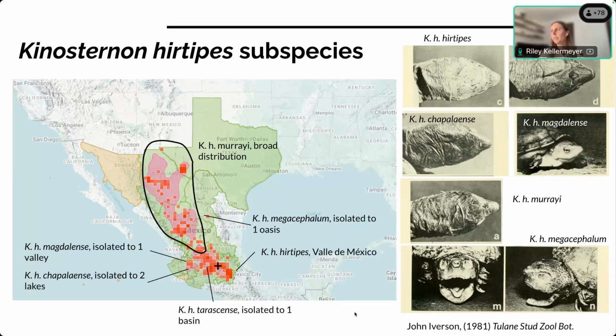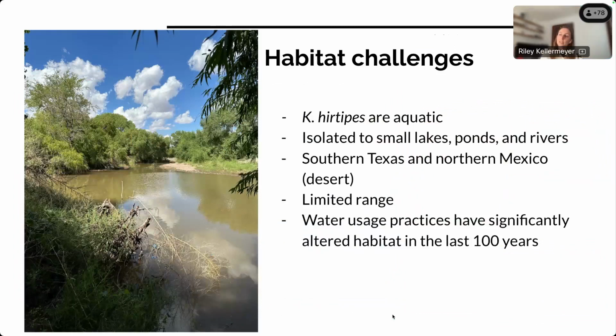So one of the reasons why we look at this subspecies so closely is, 5 of these subspecies are found in super isolated areas, but murrayi is found all over, and that's quite interesting for us. So here's some habitat challenges for these hirtipes.